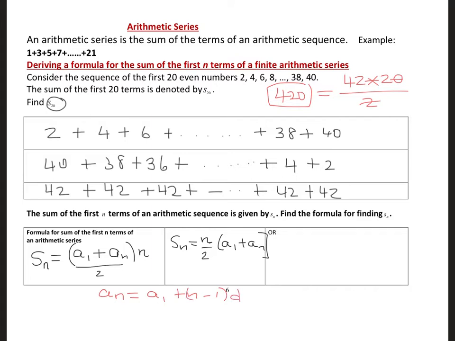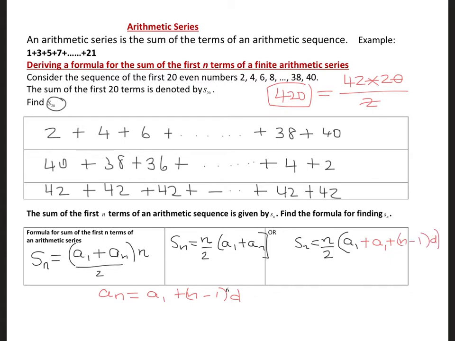So I'm going to write this formula here: S_n is equal to n over 2, and then I'm going to write the first term plus, instead of a subscript n, or the nth term, I'm going to plug in this formula: the first term plus n minus 1 d.